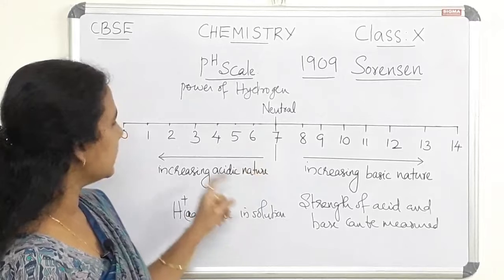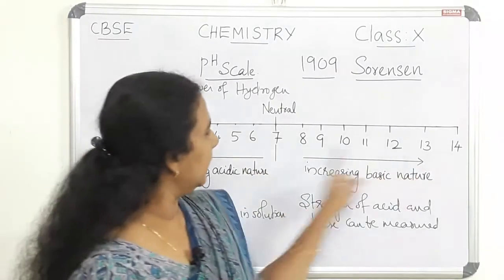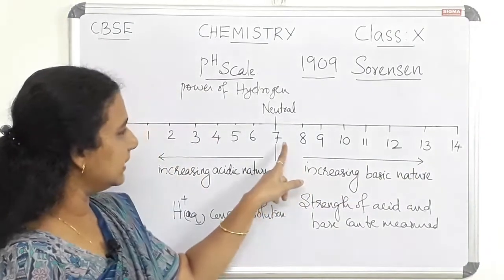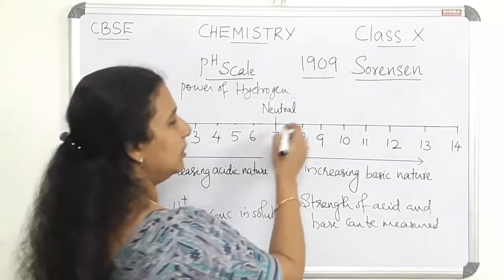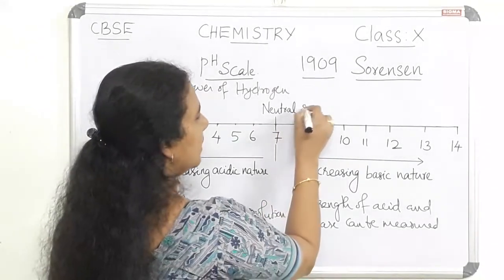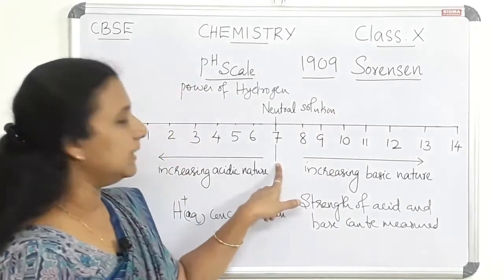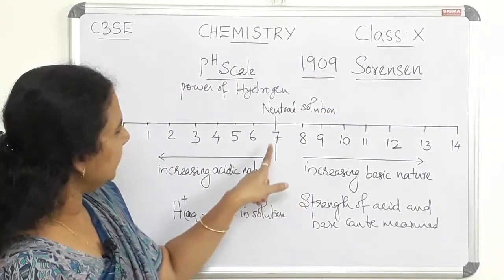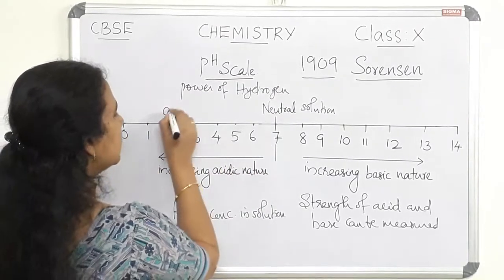There are numbers from 0 to 14 and in the middle we can see the number 7. That 7 is for neutral substances or neutral solutions. So a neutral solution has pH 7, and if it is less than 7, that is an acidic solution.